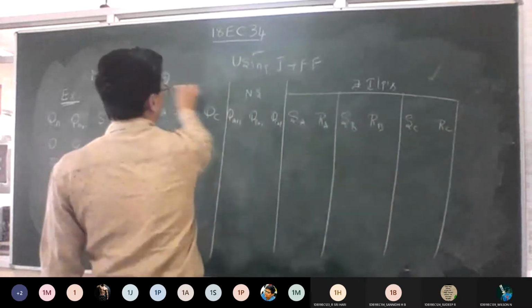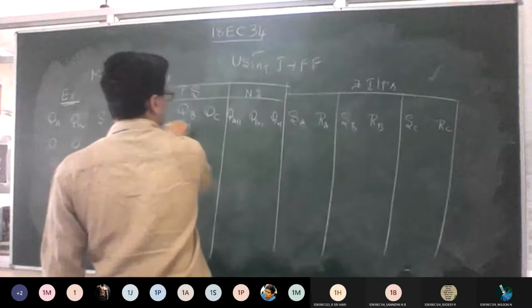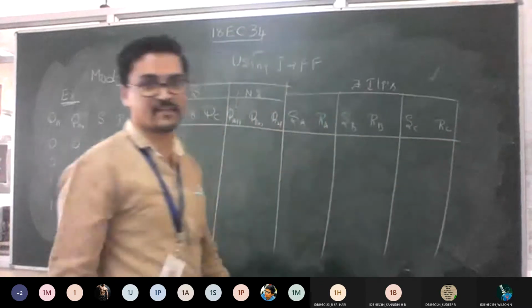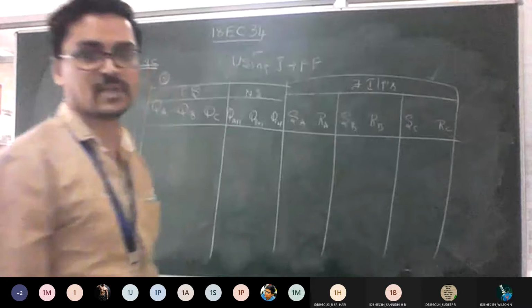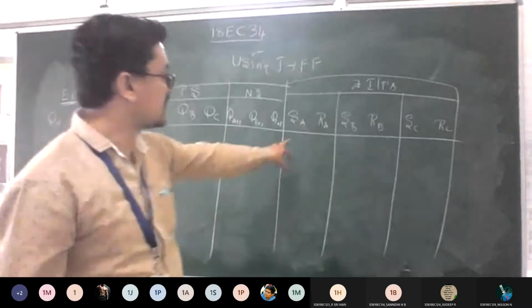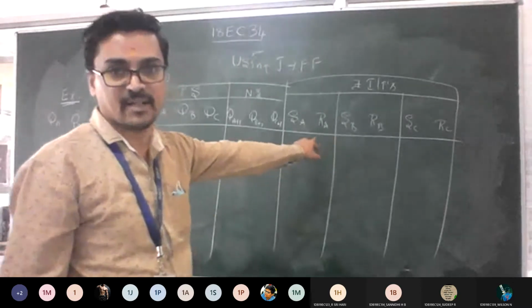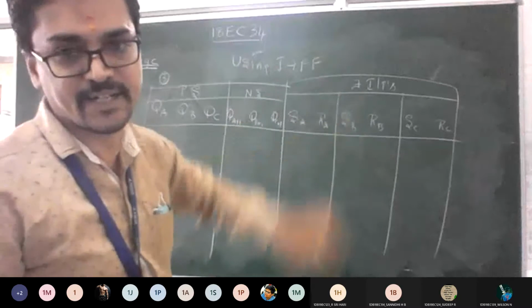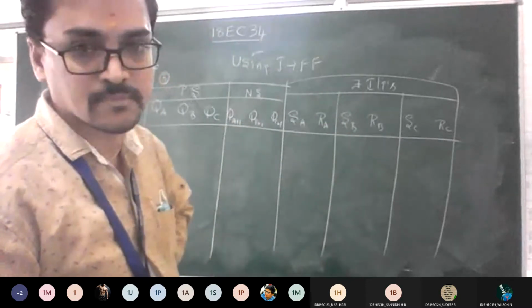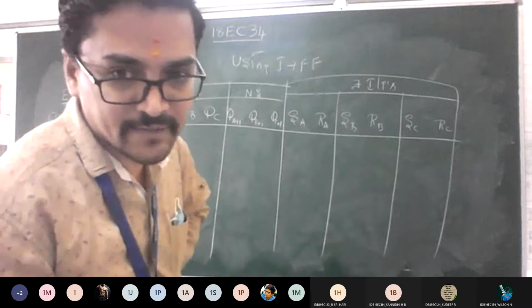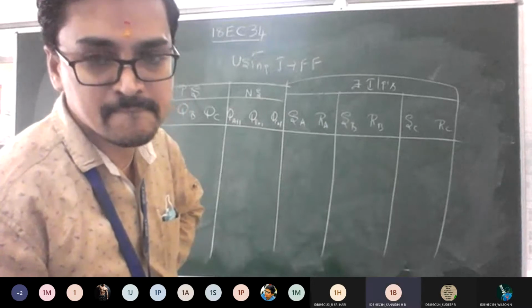So first make an outline of a truth table. Is it fine with you what I wrote? The truth table, is it fine? Since it is asked for SR flip-flop, I wrote SR. If it is JK, JK, T, D. Is it fine, everyone? Yes, sir.